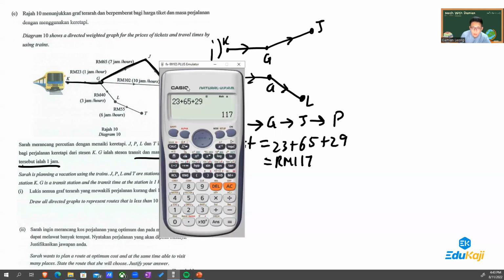117 ringgit. Whereas the other one, 102 plus 23, is 125 ringgit.